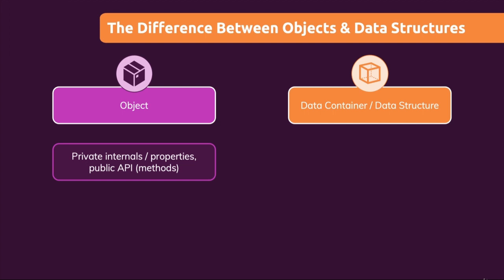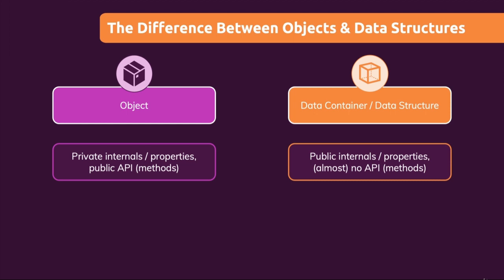And with these methods, I don't just mean getters and setters for these hidden properties, I mean real abstractions, so methods which do more complex things than just setting a property and therefore acting as a proxy. Data containers or data structures, on the other hand, are simple objects where the properties and internals are made available publicly and where we have almost no public API besides that, almost no methods.